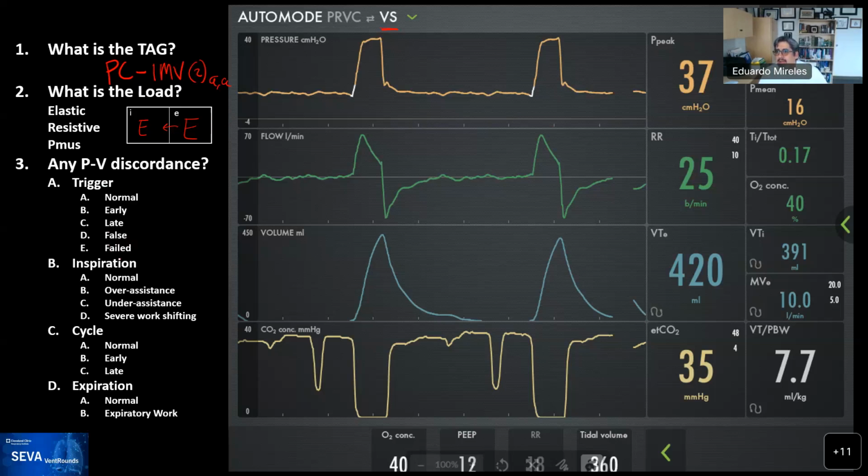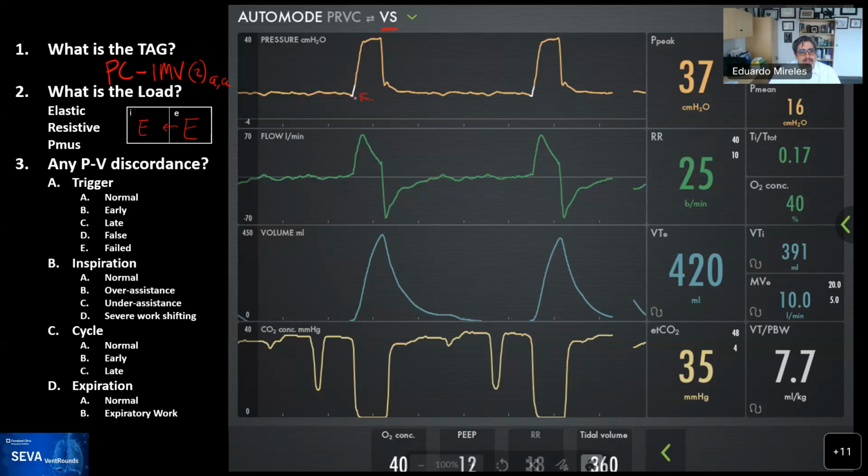And as I look at the chat, I see a couple of items coming. I think everybody agrees with what you said, Rob, which is good. And then there is the fail. There's a thought that this is a failed trigger. So as you look at these waveforms, it seems to be pressure triggered because the color change is out in the pressure waveform.